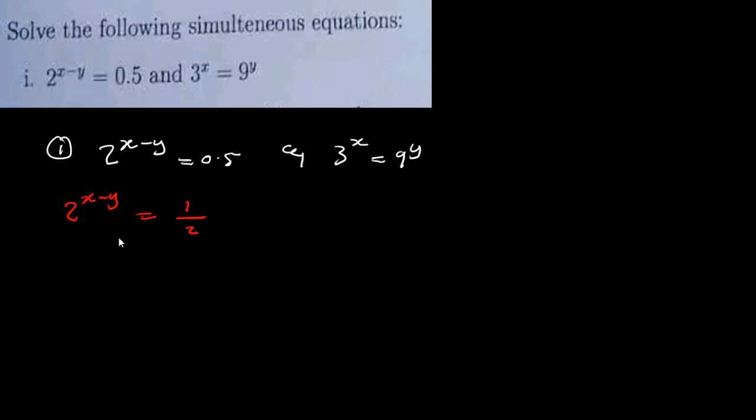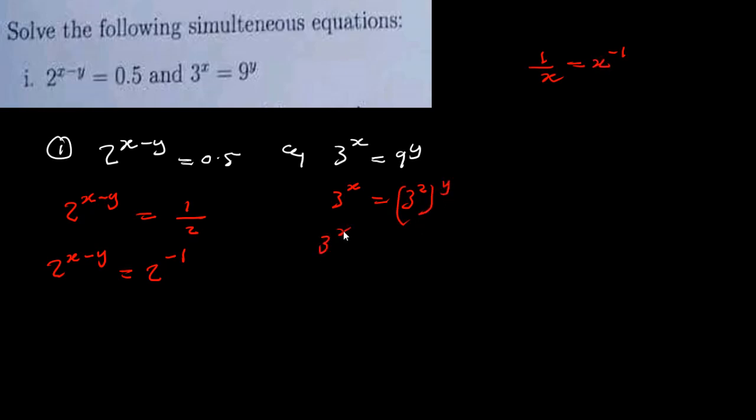Then from there we can make the bases the same by saying 2 to the power x minus y is simply equal to, you know that 1 over 2 is the same as 2 to the power negative 1. Then we can do this side again. This side is 3 to the power x is equal to, we know 9 can be written as 3 squared, and then y outside.